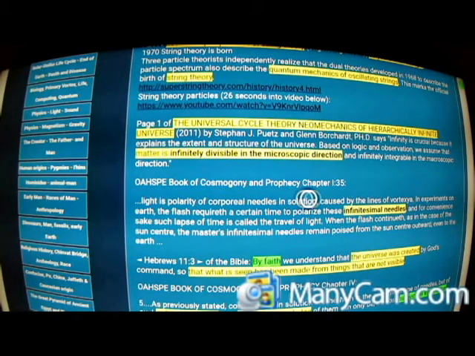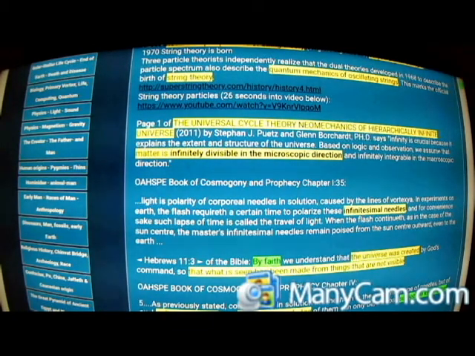Oahspe Book of Cosmogony and Prophecy, Chapter 4, verse 5. As previously stated, corpor, or physical matter being in solution in eth. That means it's broken down so small that we can't see it, like when you throw salt or sugar into water and it dissolves in solution to where you don't see the salt or sugar no more.